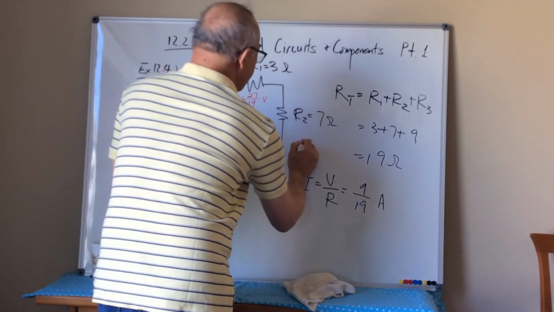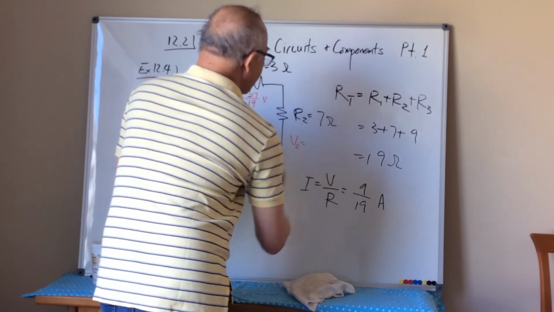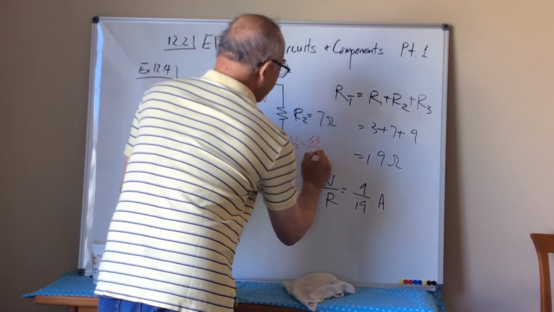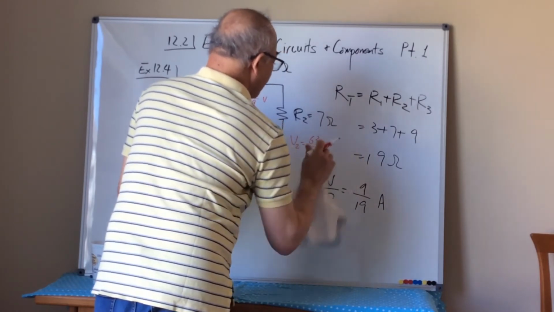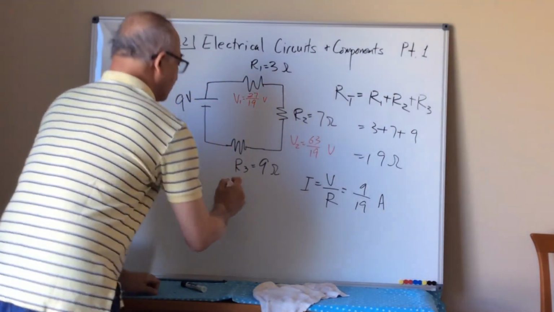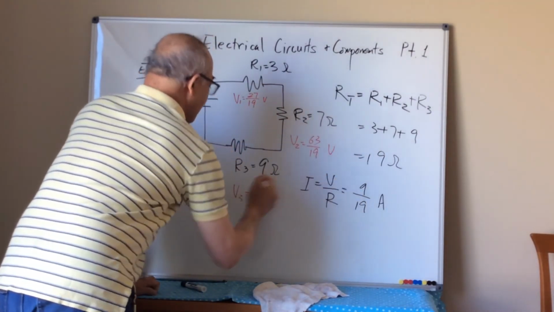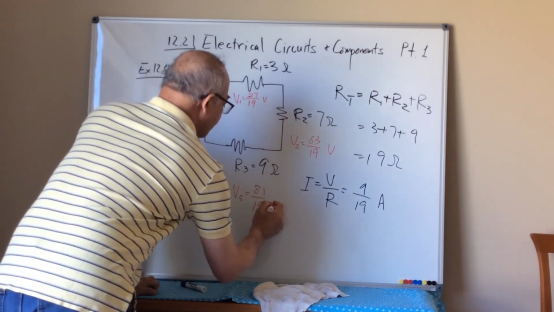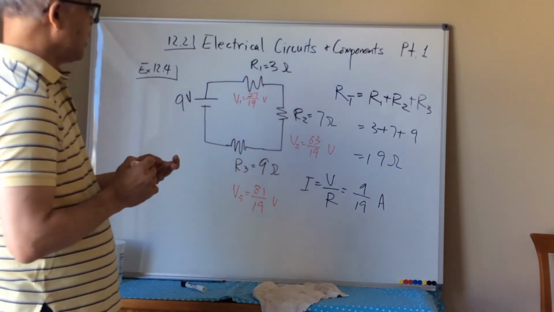The voltage drop across the second one is going to be 7 times 9, which is 63 over 19, not amps, volts. Right? The voltage drop across the third one is 9 times 9 is 81 over 19, and that's how many volts it is.